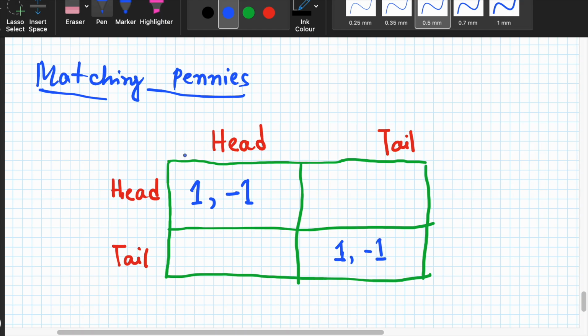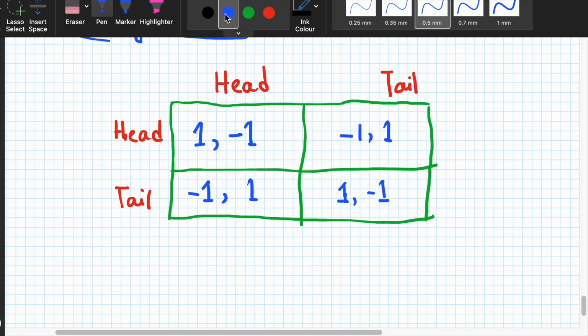Now if both of them show different sides of the coin, then player 1 gives player 2 1 rupee. So player 2's payoff is 1 and player 1's payoff is minus 1. Similarly this situation is also the same.